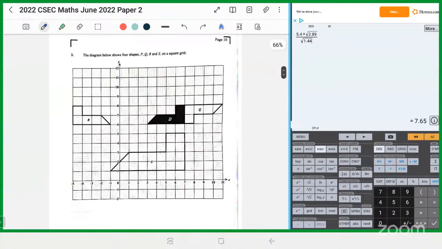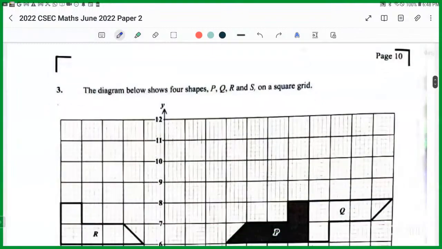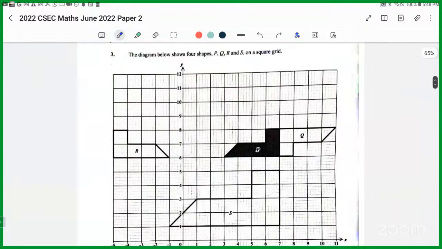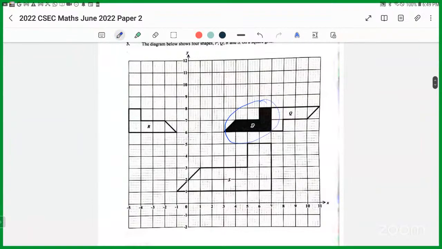That's your transformation. All right. I know we have done these questions already, but as I said, more maths equals better maths every time. So the diagram below shows 4 shapes, P, Q, R, and S, on a square grid. So what's going to happen is that this is going to be your original object. You're going to have to see what transformation maps to R, what transformation maps to S, what transformation maps to Q. That's how these questions usually go.